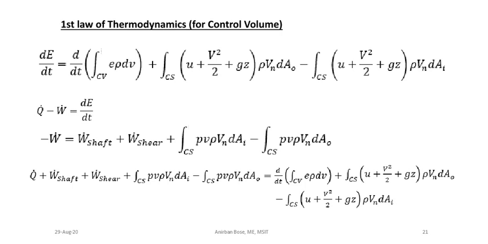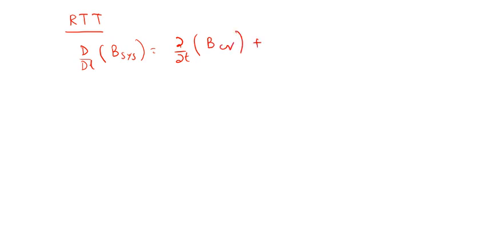Exactly in a similar way you can write, if you apply the Reynolds transport theorem, d/dt of some property B of the system is equal to del/del t of the property of the control volume, plus the integration over the control surface of beta rho Vn dAo minus beta rho Vn dAi.